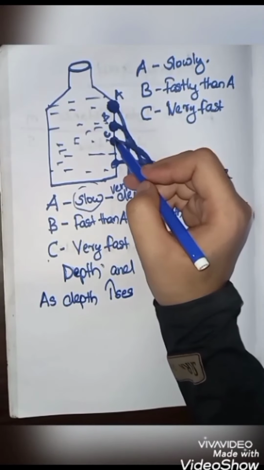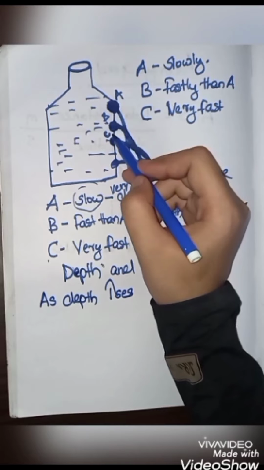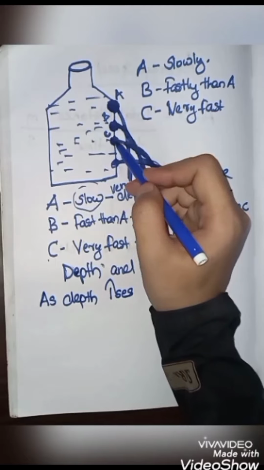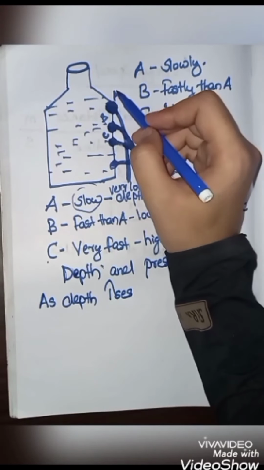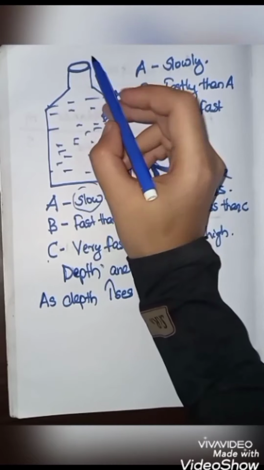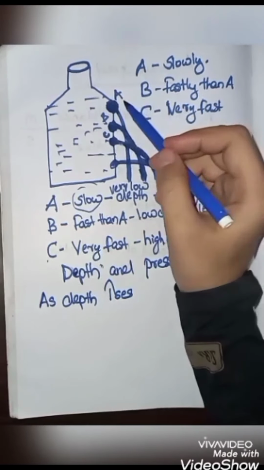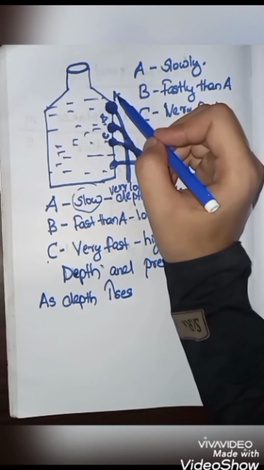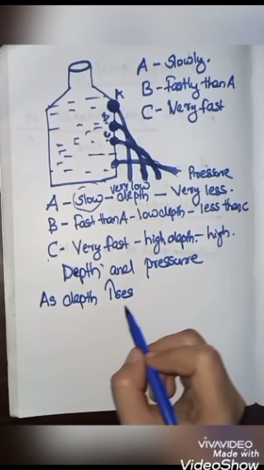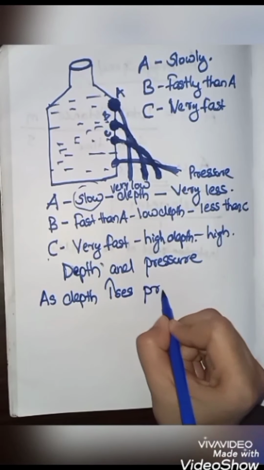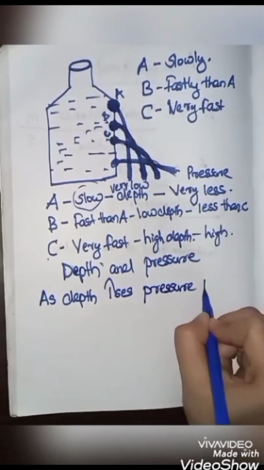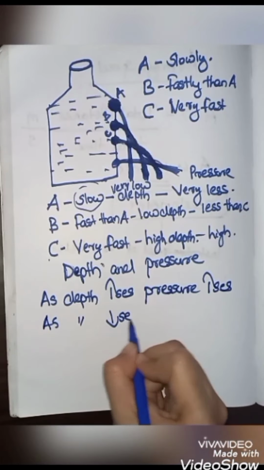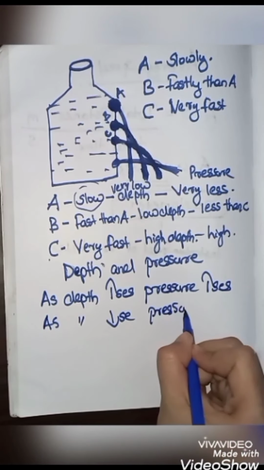See the point: hole C exists at more depth, and it has more pressure. Hole A is at the topmost of this bottle, so the depth is very less, and the pressure exerted by the water is very less. That is, as depth increases, the pressure increases, and as depth decreases, the pressure decreases.